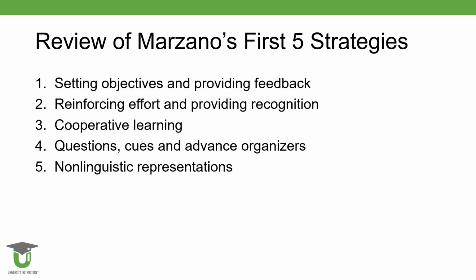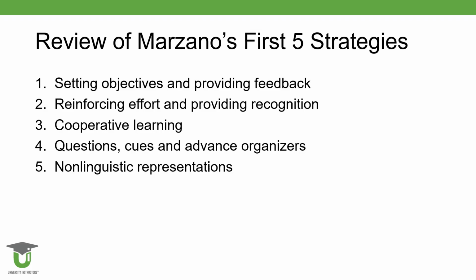Marzano's first 5 instructional strategies, discussed in Part 3, provide research-based approaches to enhance student learning across K through 12 classrooms. The first strategy, setting objectives and providing feedback, emphasizes the importance of making learning goals clear to students and giving them timely, specific feedback.